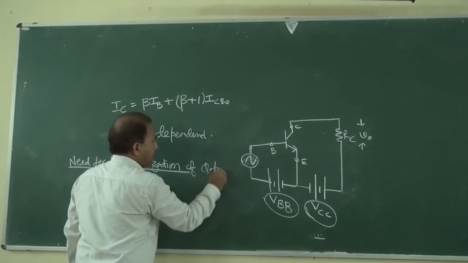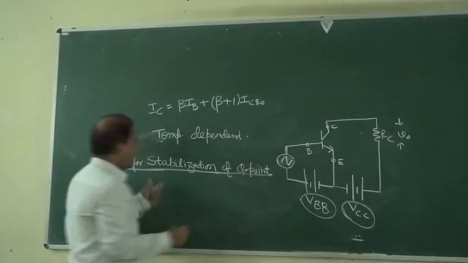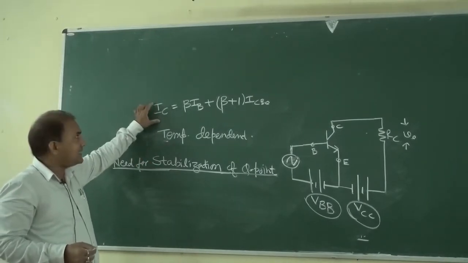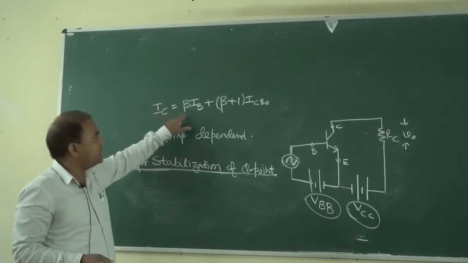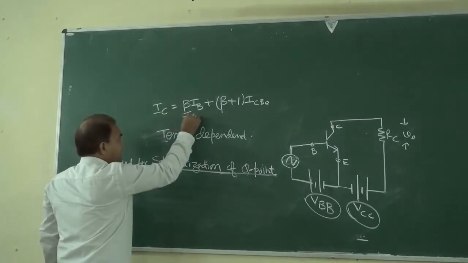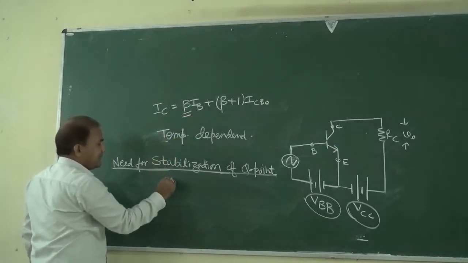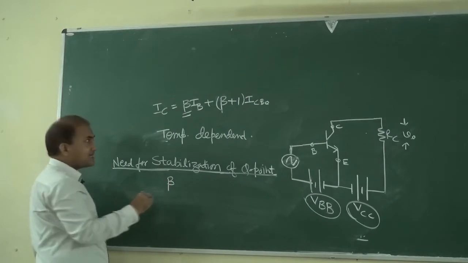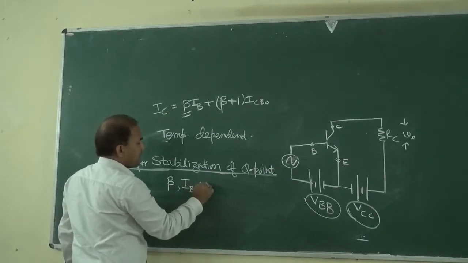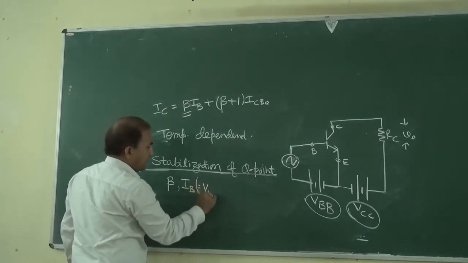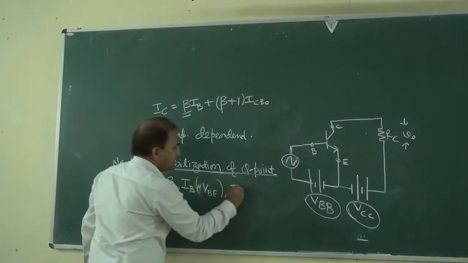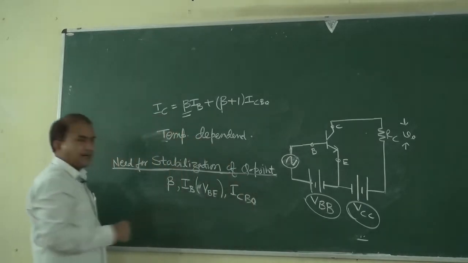Because IC equals beta IB plus beta plus 1 into ICBO. From this expression we can see beta is temperature dependent, VBE is also temperature dependent, and ICBO is also temperature dependent.